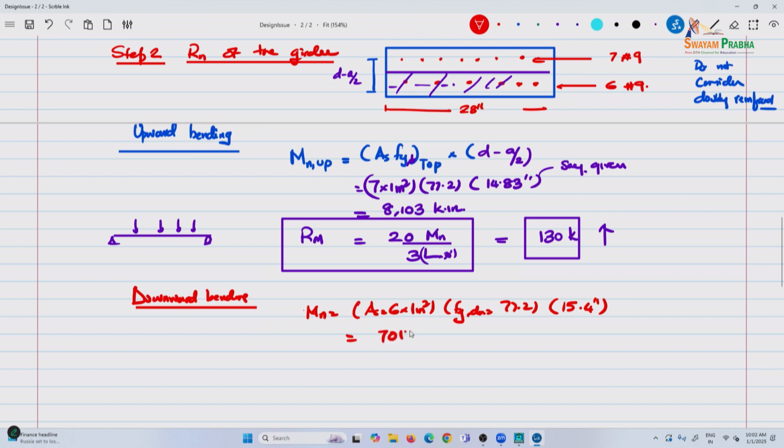So it comes to 7,013 kip-inches. Rm is again 20 Mn by 3L. Sorry, this is 148, the other one is 130, I misread.